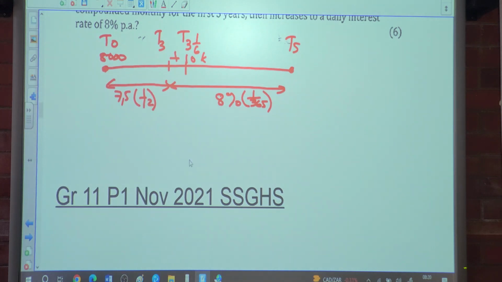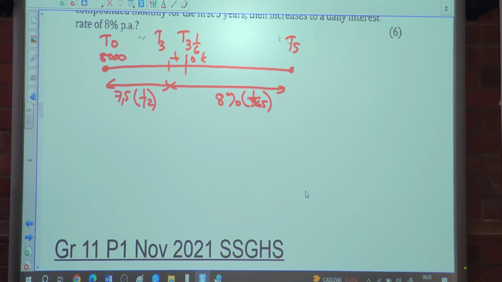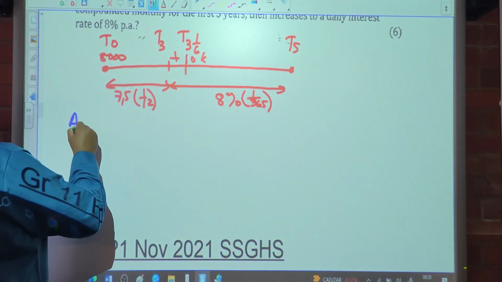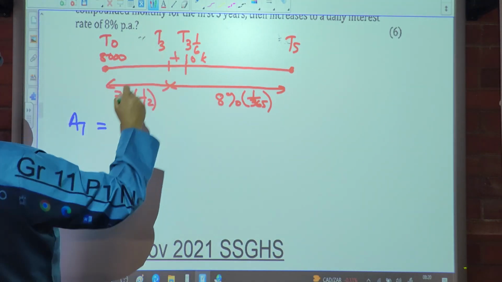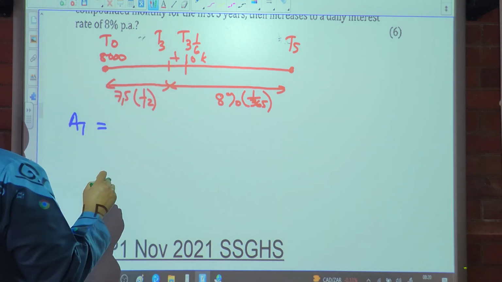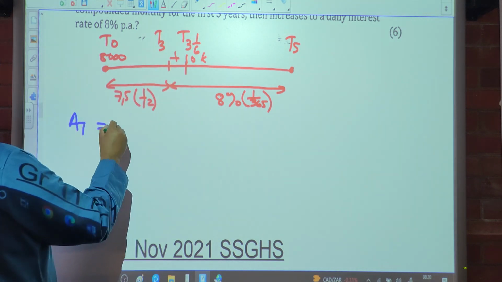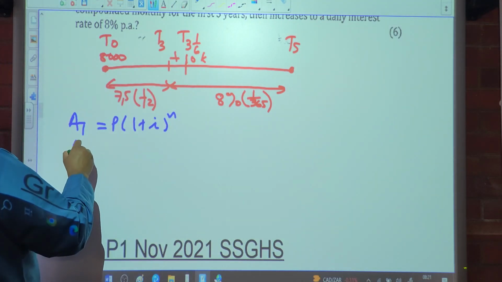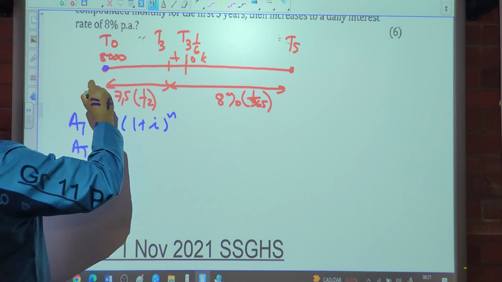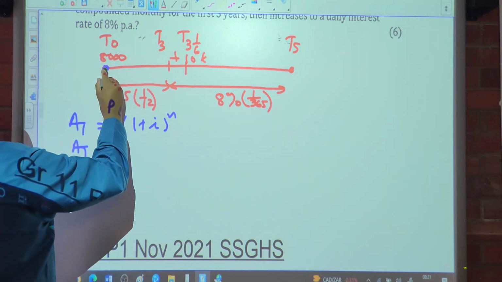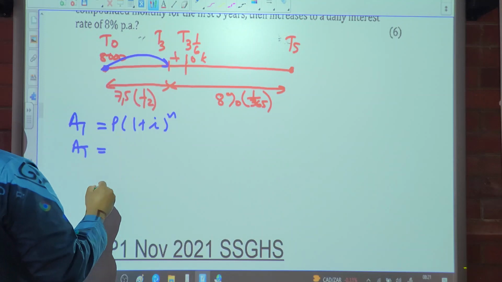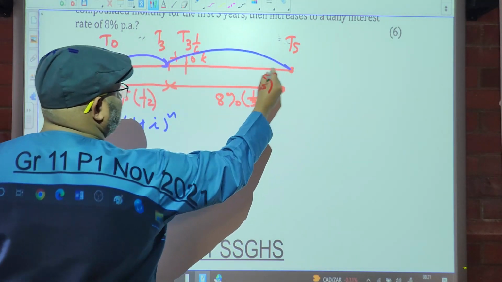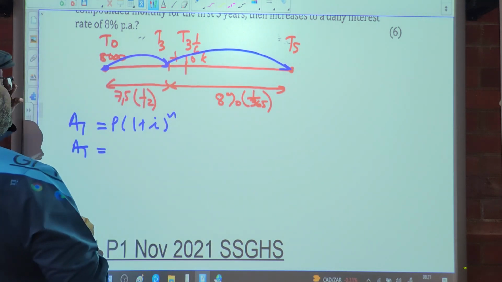Alright, so there are many ways of calculating this timeline. What I'm finding the easiest at this point is taking it to the end, using one value to the end. So A total is basically P into 1 plus i to the exponent n, since it's compound interest. I'm going to consider the 8,000 Rand. It's going to earn interest of 7.5% per annum, compounded monthly, and then 8% per annum, compounded daily.